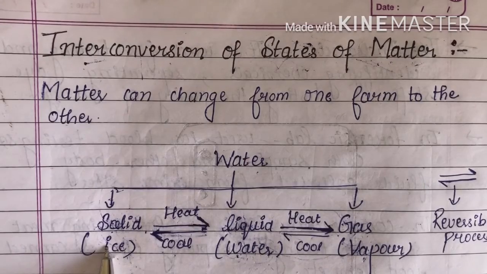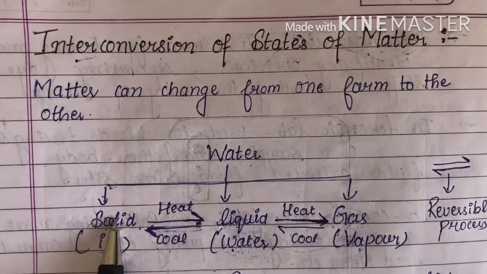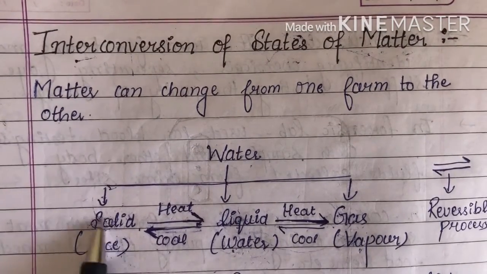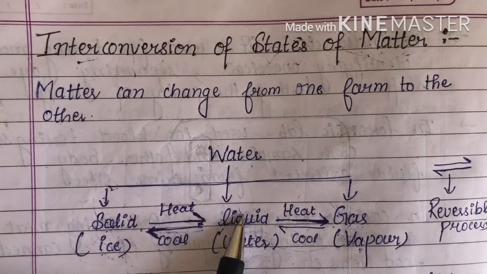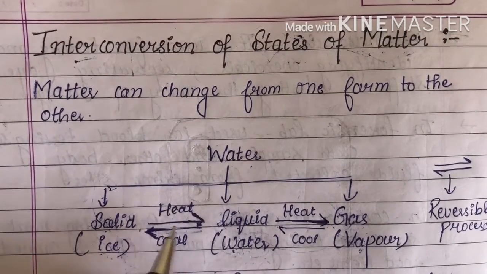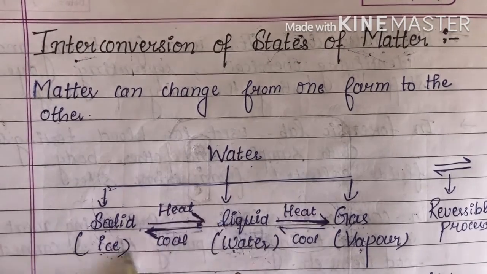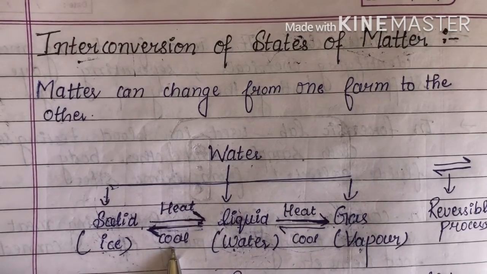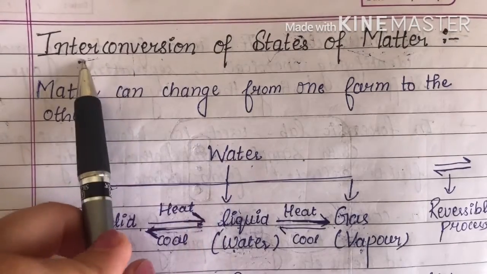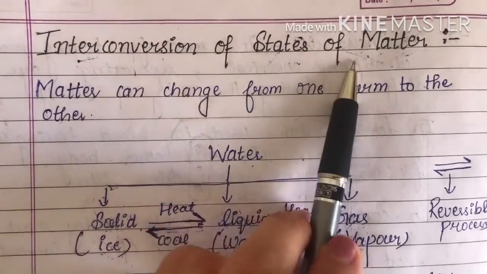So here we can see the state changes, like the solid state changes into the liquid state by applying heat or cooling. This is the interconversion, and it is called the interconversion of states of matter.